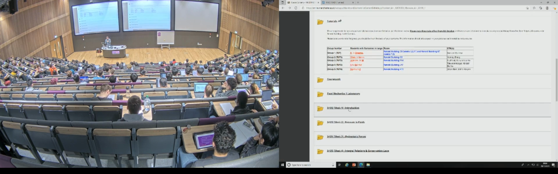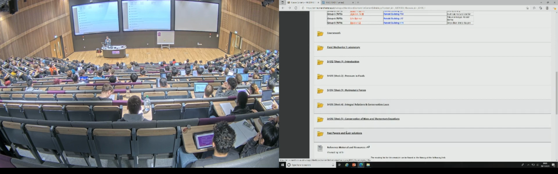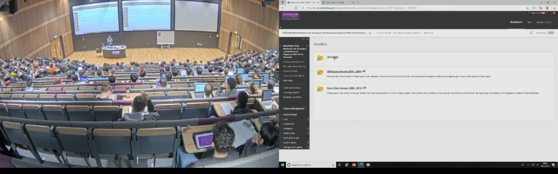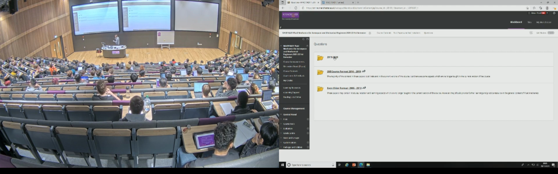And then here are the past exam papers. They're organized into 2 folders. This course has been running for a long time, and it's been updated every five years or so.